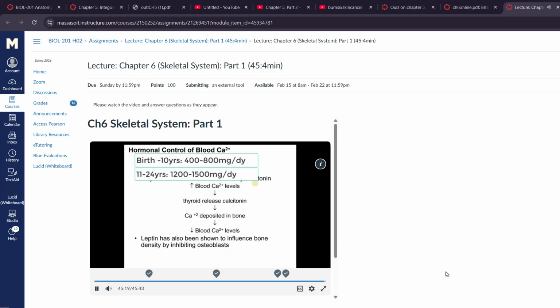Greater than 24 years of age, 1,000 to 1,200 milligrams per day. And then in postmenopausal women, after they've gone through menopause, greater than 1,500 milligrams per day. And that has to do with bone loss and the loss of calcium. And we'll talk about that a little bit later.